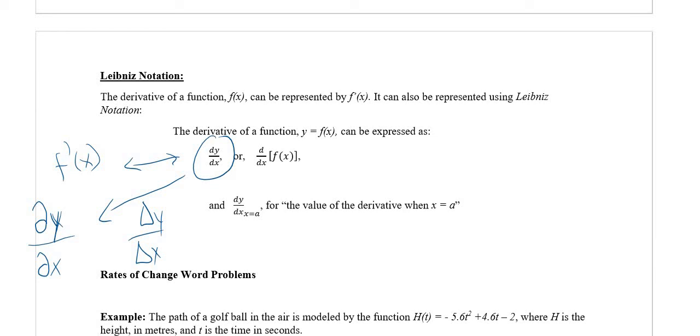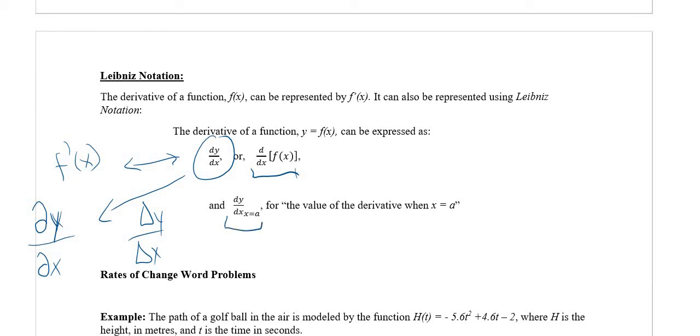When we talk about Leibniz notation, we're talking about representing things with dy by dx, or whatever variables we happen to be using. The y is going to be exchanged for whatever dependent variable we have, and x is going to be exchanged for whatever independent variable we have. Sometimes we represent it with d by dx of f of x, which means the same thing.